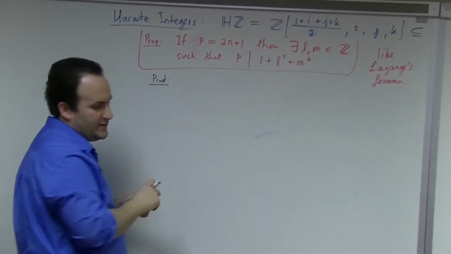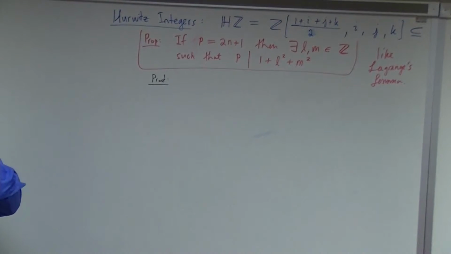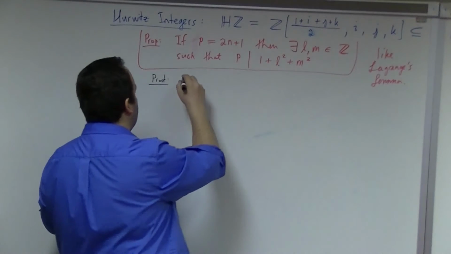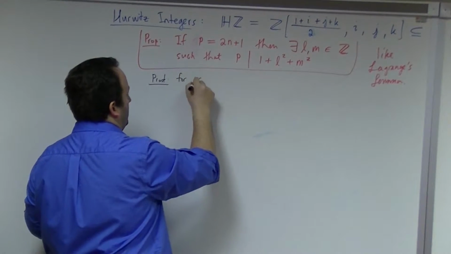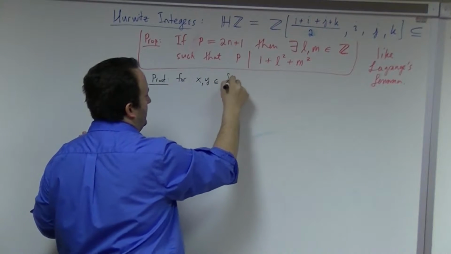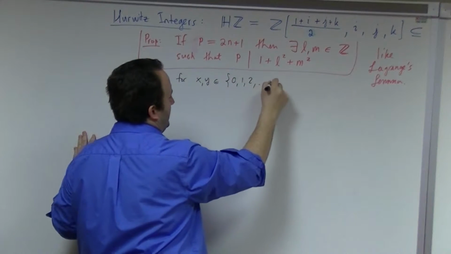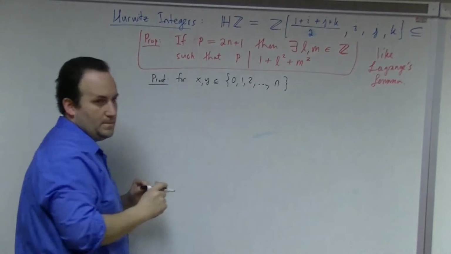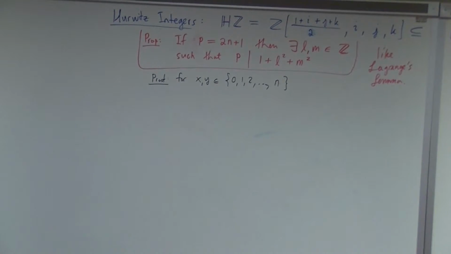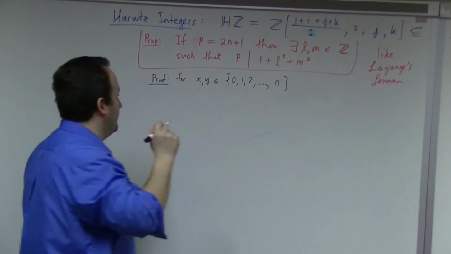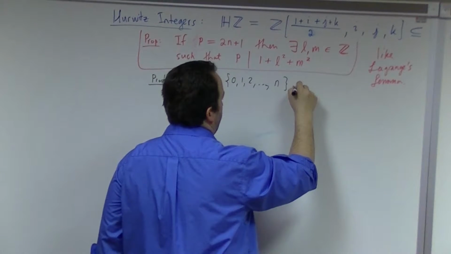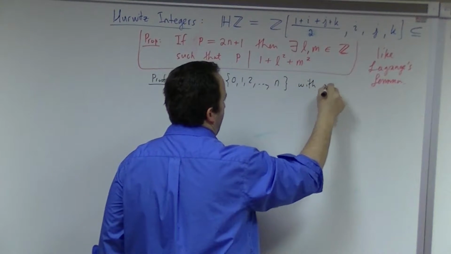So what he does is he looks at x squared and y squared somewhere in the following list. If you have x and y in 0, 1, 2, all the way to n, somewhere in that list, with x not equal to y, we do assume x and y are distinct.